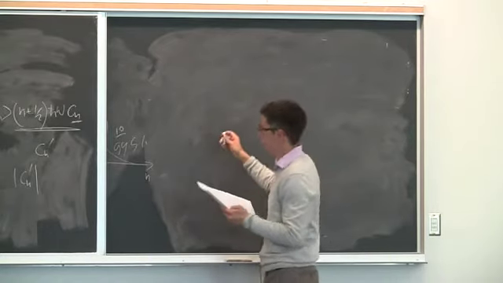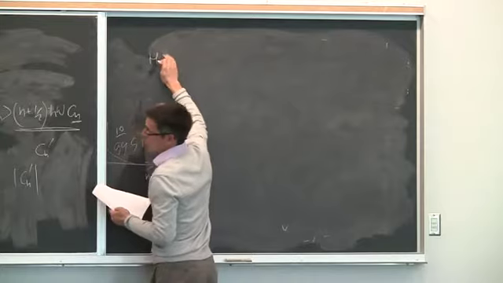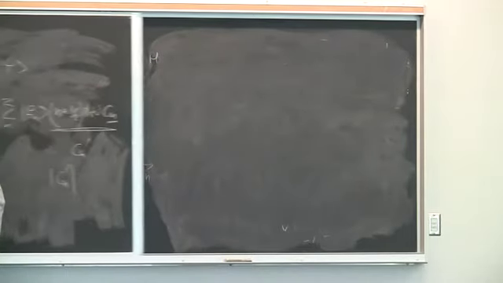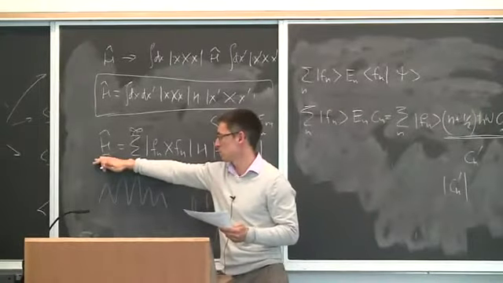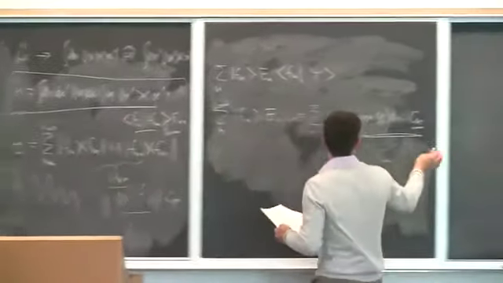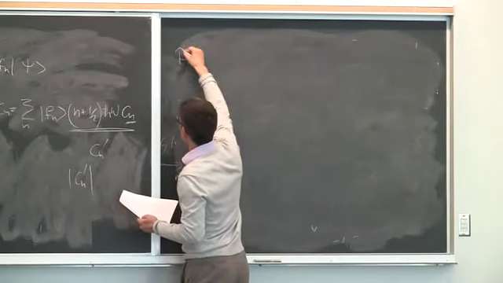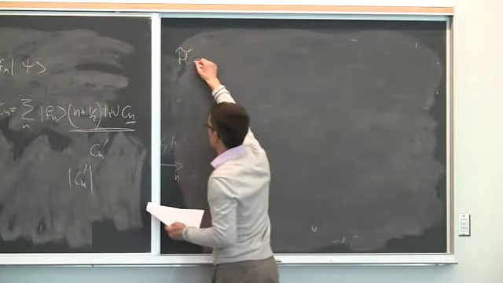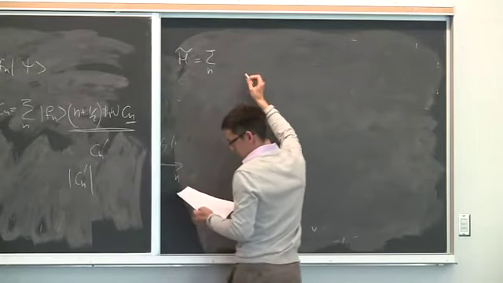Usually an operator represented here is an infinite matrix, and that's the exact representation of the operator. In practical applications, we are always working with H tilde, which is a summation over n.